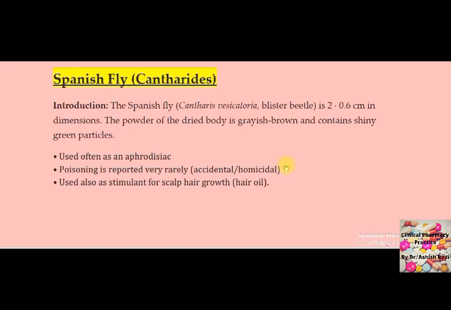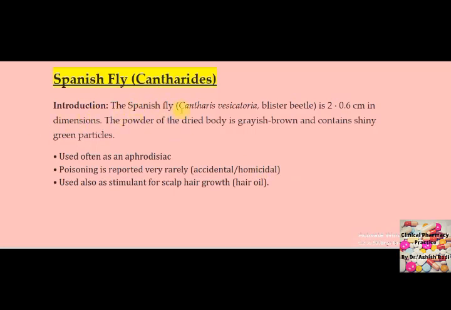Actually, the problem is that we have not even heard about Spanish fly, because it has some uses in Chinese medication, as well as the Chinese system of medicine. So now we will learn about Spanish fly in this introduction. Just focus on that.